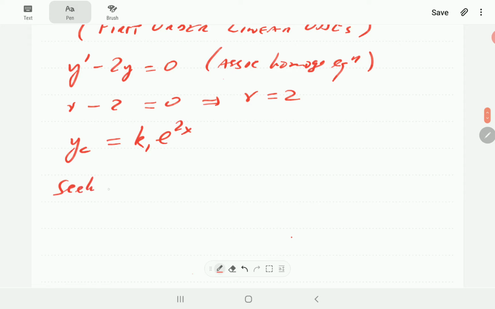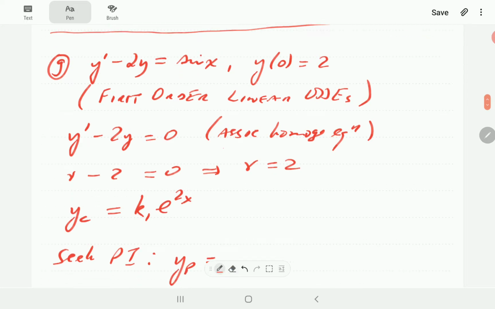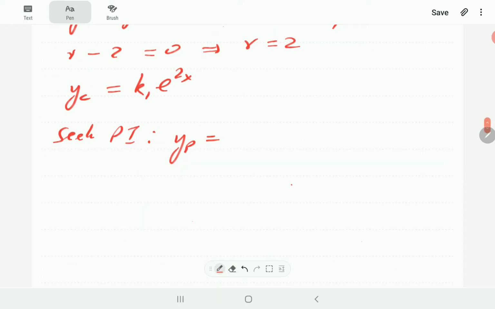And then we're going to seek a particular integral of the form. Looking at the nonhomogeneous term here, it's sine x. So that suggests that our yp is going to be a cosine x plus b sine x.